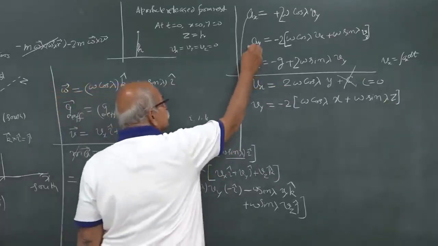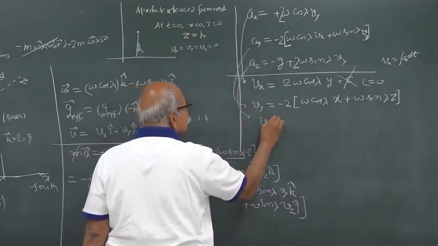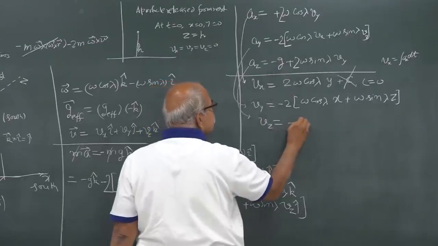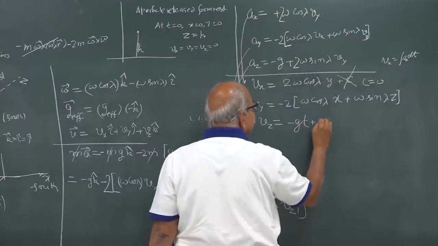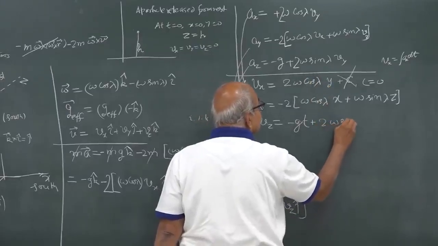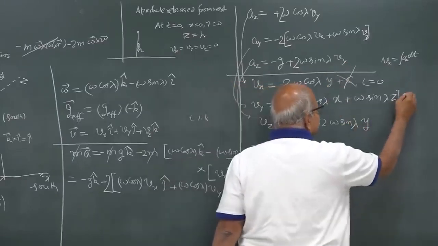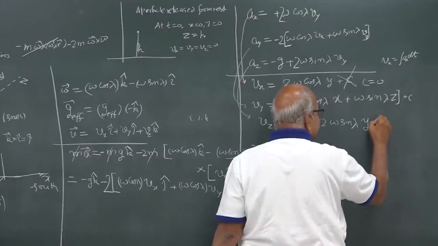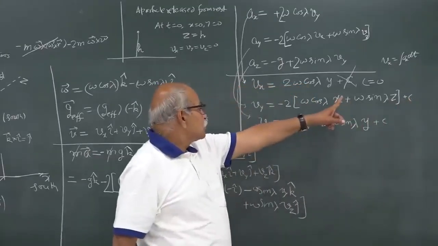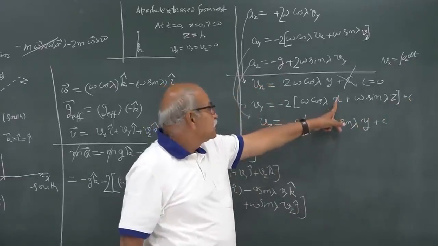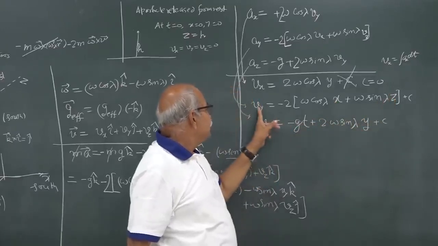Then from Az you can get Vz is equal to minus Gt and plus 2 omega sin lambda, and Vy dt will give you y, of course plus constant and plus constant here. We will just see what these constants are. First, this constant at t equal to 0, x is 0, z is h, and Vy is 0.